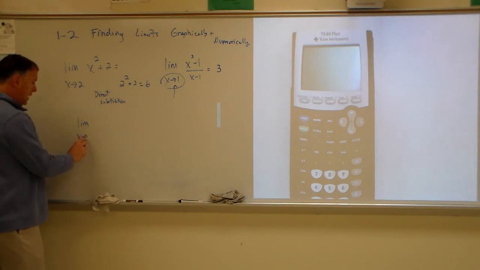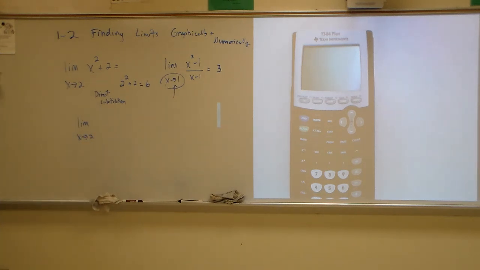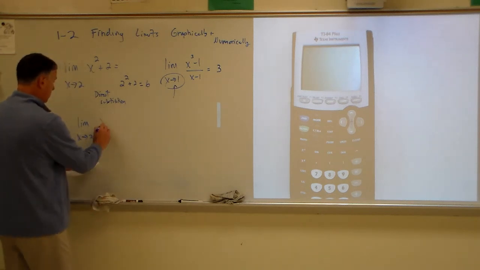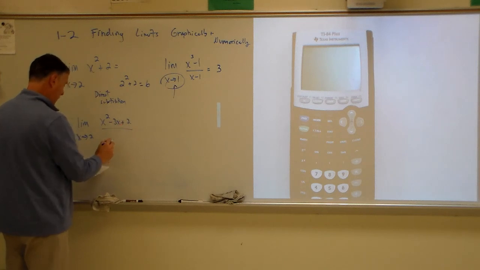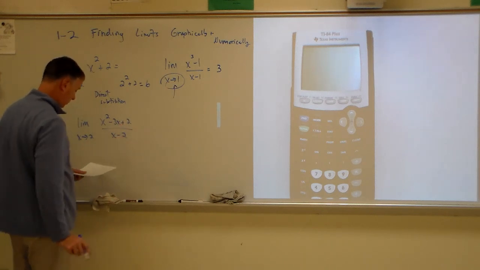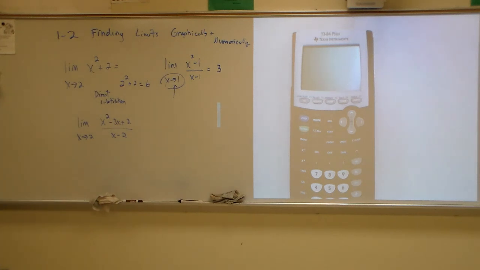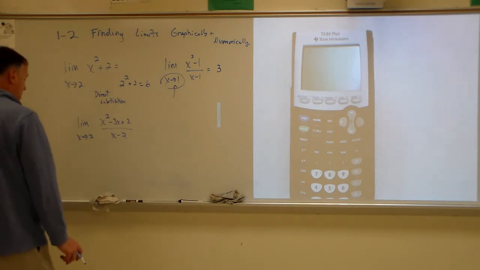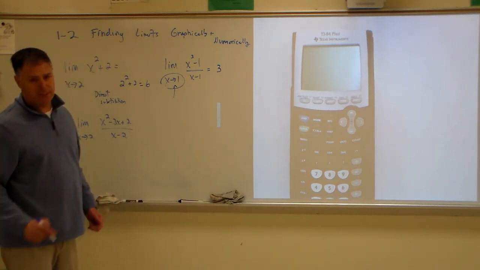The limit as x approaches 2 of x squared minus 3x plus 2 over x minus 2. I want you to take that one and do it numerically, and then I want you to do it graphically.